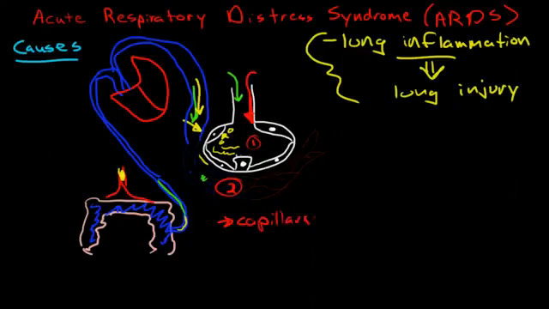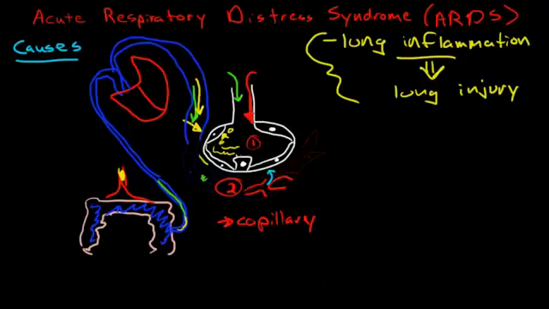So the endothelial cells are going to contract and open up spaces between them, and this is going to allow fluid to leak out, right? So we're going to end up with significant capillary leak, and fluid is going to leak out.